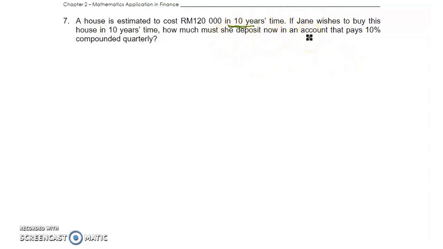So we want to find value P, the principal. Now we know that S equals 120,000, T equals 10. What else? K, the annual rate, is 10%, 0.1, and compounded quarterly, so M equals 4.